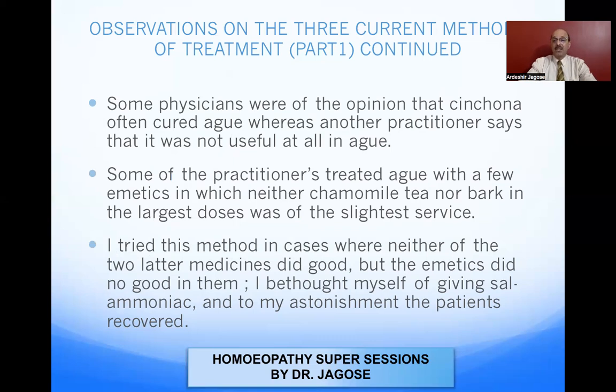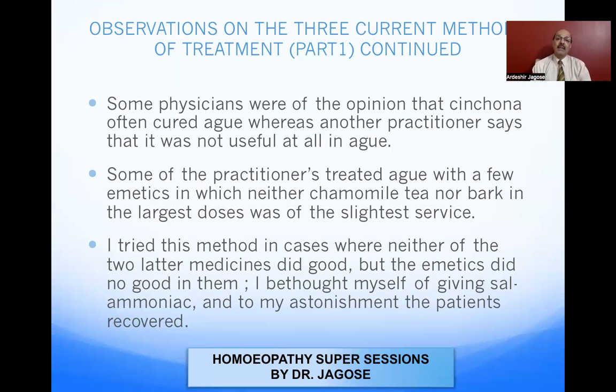So some practitioners argued that they could treat malarial fever with emetics, wherein the cinchona bark or the chamomile tea wasn't used. I tried this method in cases where neither of the two latter medicines did good. That is, the chamomile tea or the bark. But the emetics did no good in them. I thought myself of giving sal ammoniac, and to my astonishment, the patients recovered.